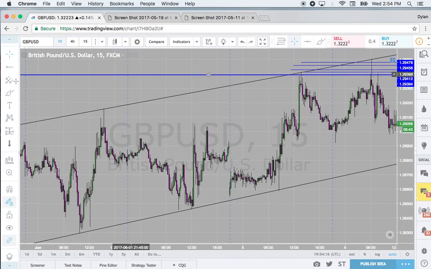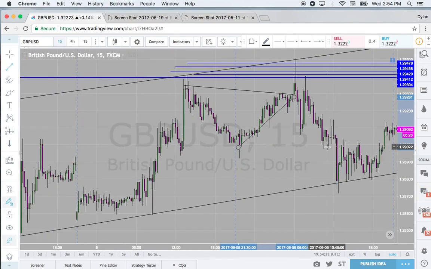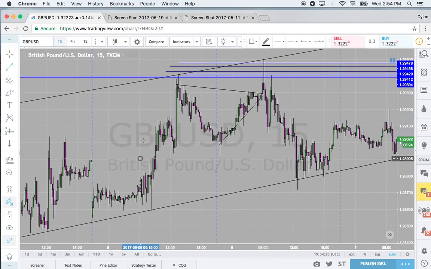See the liquidity happening. Now, it just so happens that we have a wedge formation right here, and the breakout of that wedge formed our signature trade, which is that M formation here.